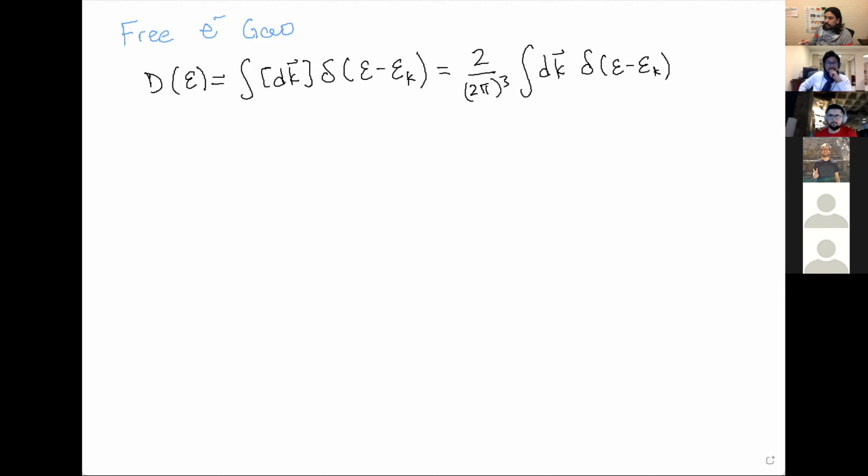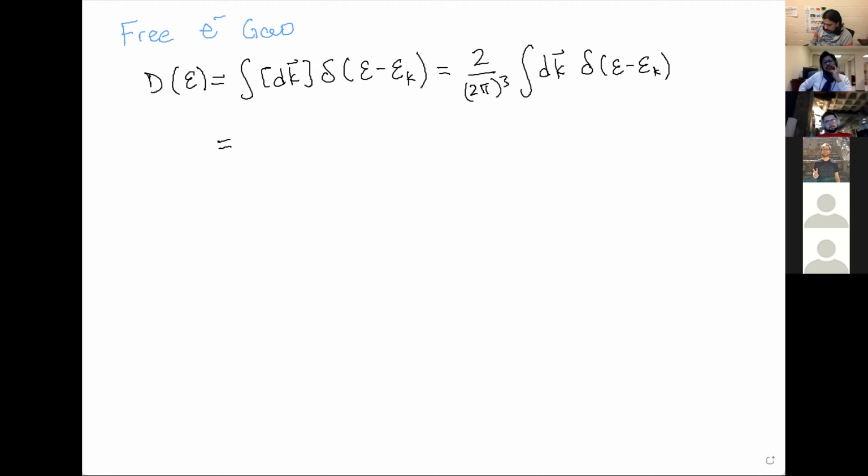So at this point, if you remember, energy depends not on the K vector, but on the magnitude of K, right? So this integral right here is over the K vector, but I actually don't need to do it over the K vector. In this case, there's no K direction dependence. It's just K magnitude. So what I'm gonna do is go to polar coordinates.